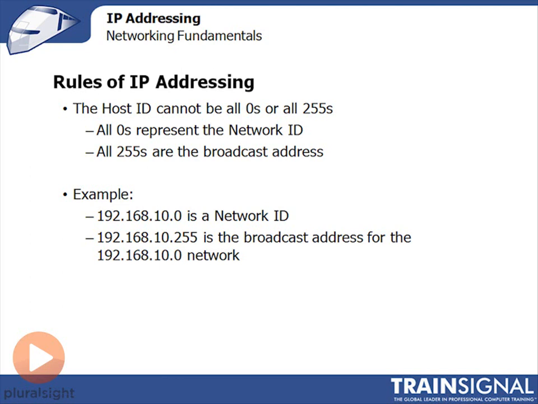So 192.168.10.255, if we're dealing with the 192.168.10 network, that 255 at the end won't be tied to a single computer. It represents the actual broadcast address, a communication that's meant for all computers on the network. And that's why you can't have all zeros or all 255s in the host ID.